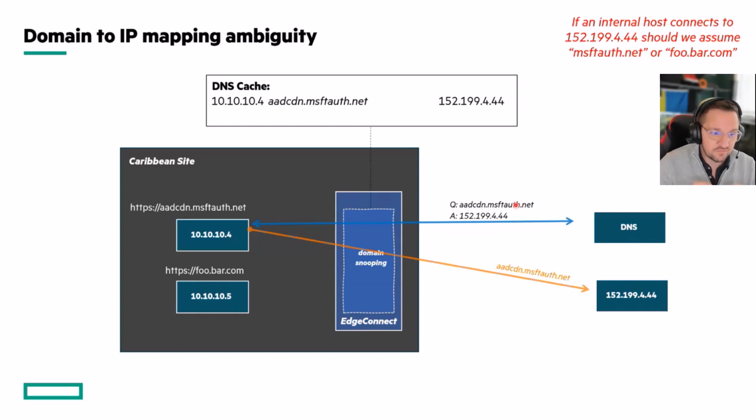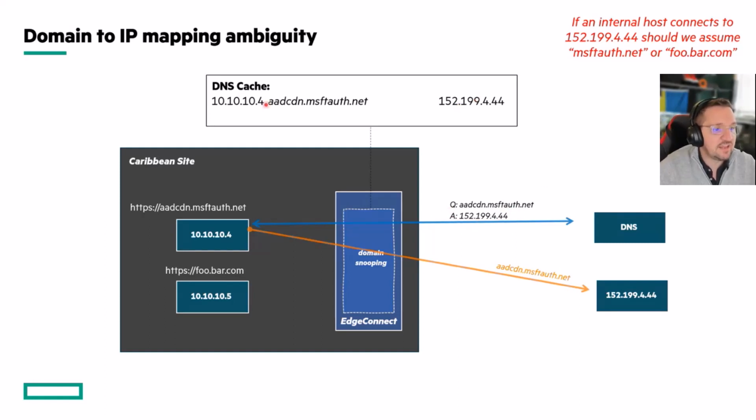This is fundamentally what the EdgeConnect does that's kind of so interesting. We watch the initial DNS query and the answer come back. We cache the public IP address that was resolved in the DNS query. So in this case, we queried for aadcdn.mstauth.net, and the answer that came back from the name server was 152.199.4.44.